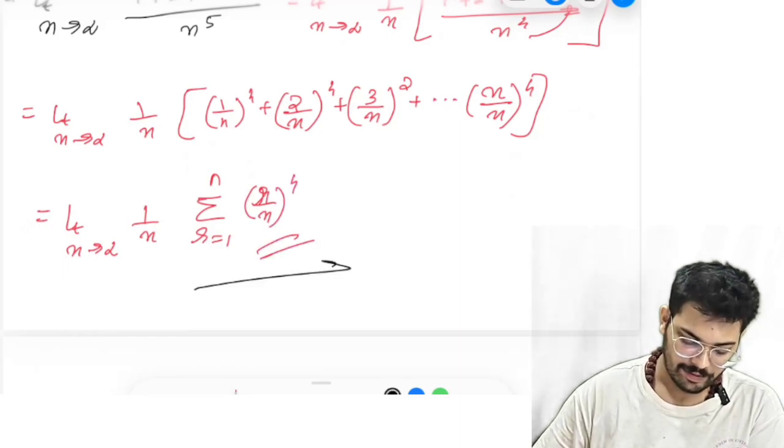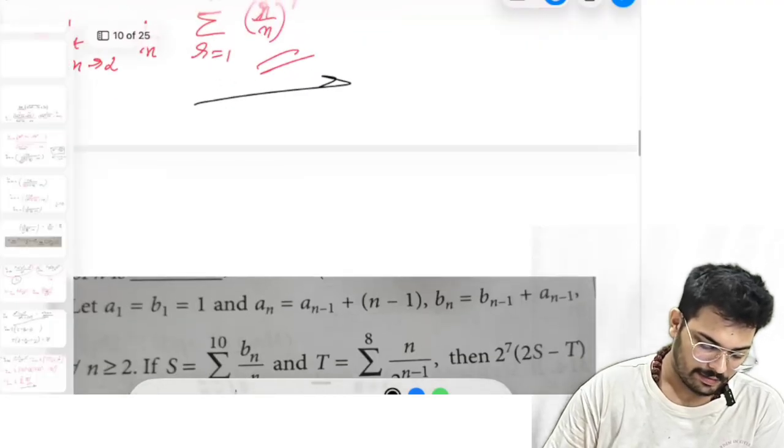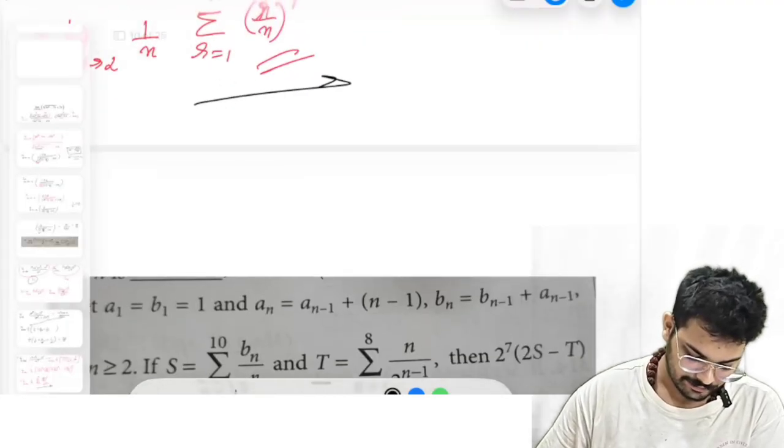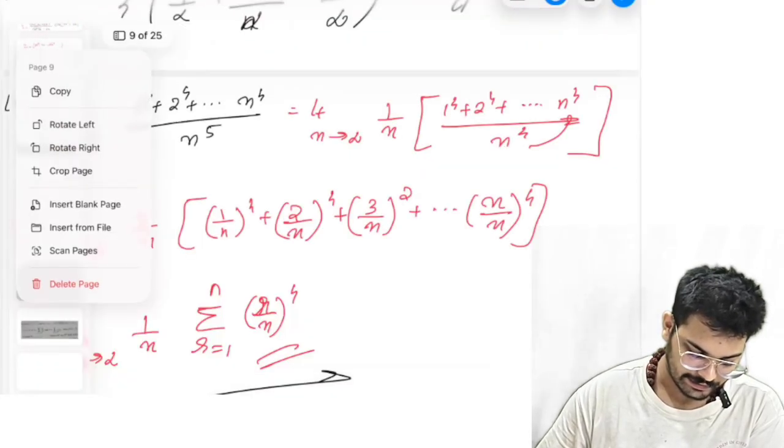In the next step, we need to apply limit as a sum. We will be doing this with the help of integration.